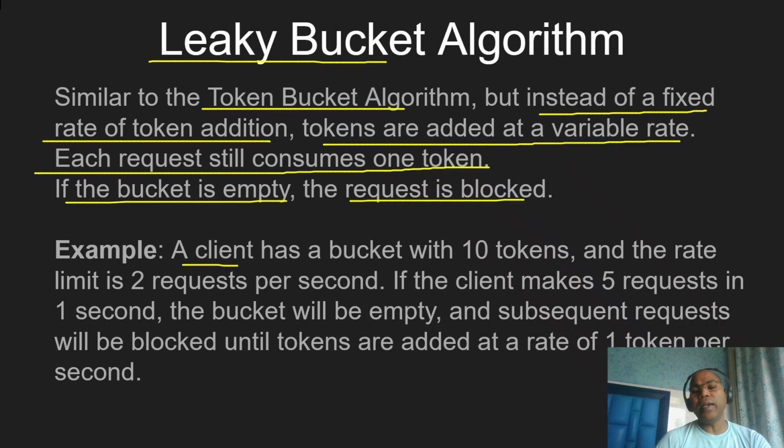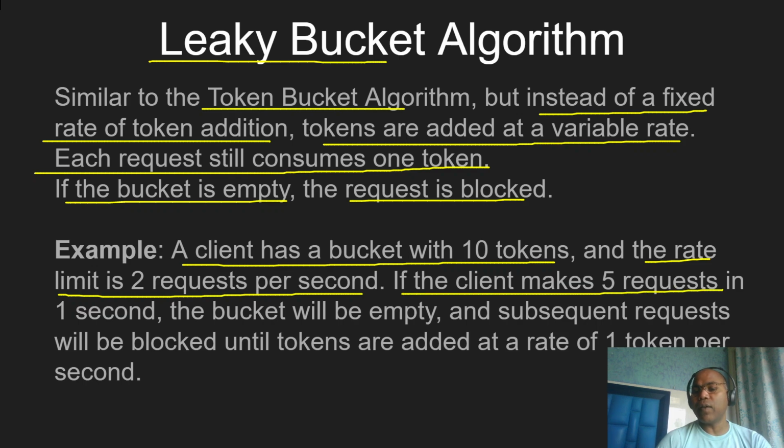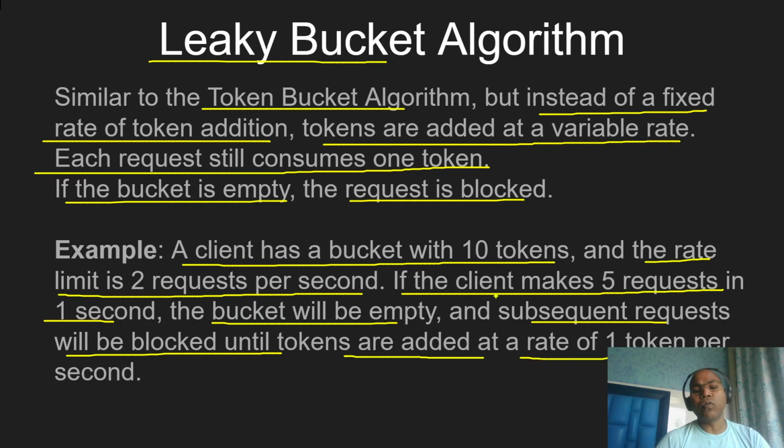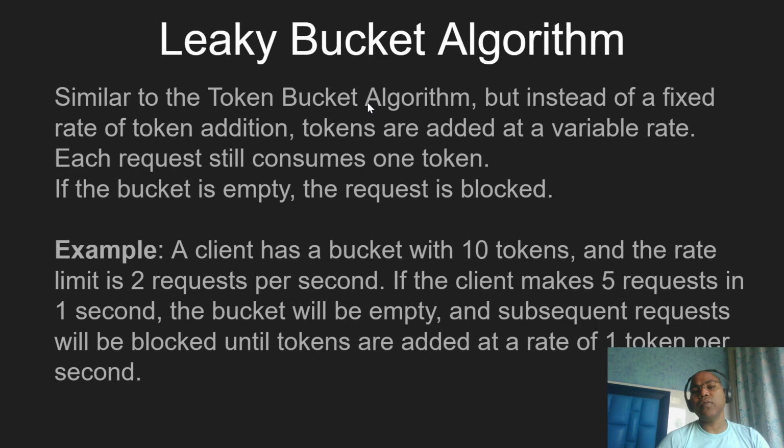Example: a client has a bucket with 10 tokens and the rate limit is 2 requests per second. The client makes 5 requests in 1 second. The bucket will empty and subsequent requests will be blocked until tokens are added at the rate of 1 token per second.